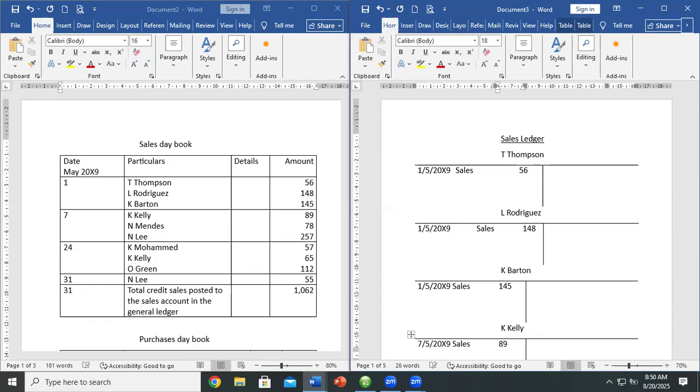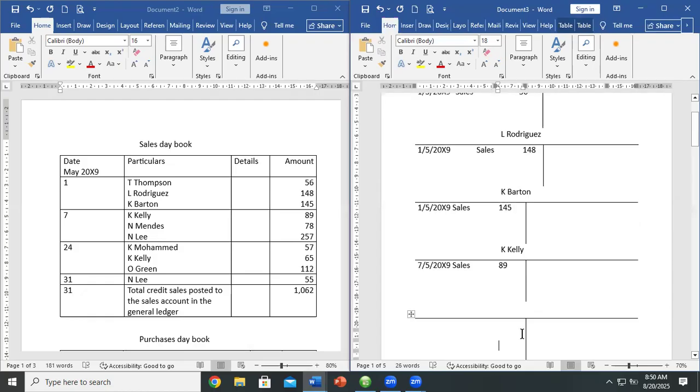We have the next customer, which is N. Mendes. So for N. Mendes too, it was on the 7th of May 20x9. Still sales, an amount of 78. Then we have N. Lee on the same 7th.